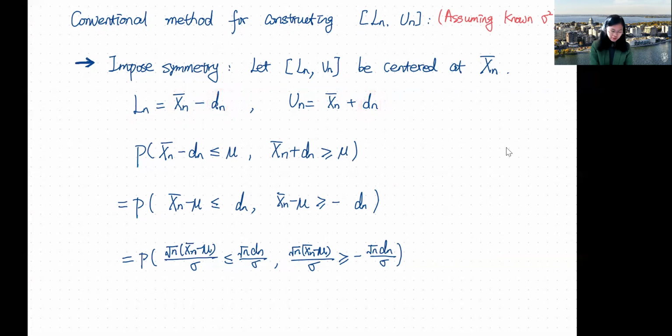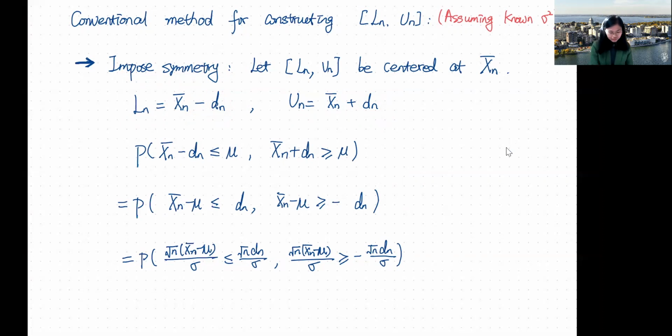So if we impose symmetry, then Ln and Un will be related to the point estimator in this way. Now all we need to figure out is this one quantity, Dn. We want to figure out what Dn should be to make sure that our confidence interval has the right coverage probability approximately in large samples.